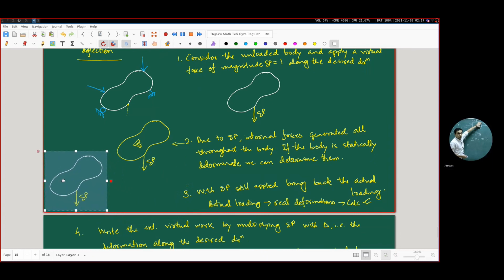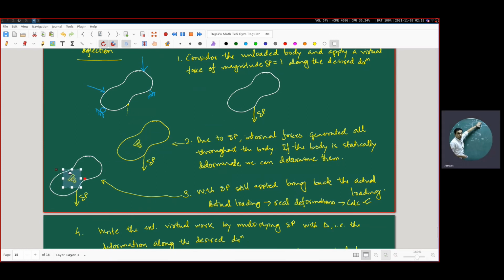maybe I'll draw it here. So same situation as before, but now we are applying this force here and this force here.